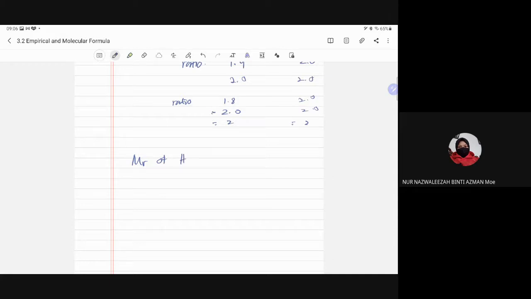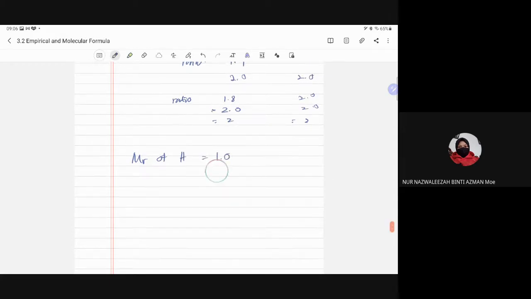Kalau kita tengok dalam table of RAM yang saya bagi kamu tu, dia 1.0. Tapi kalau kita ambil yang 2 decimal points, MR of hydrogen yang 2 decimal places, dia adalah 1.01. So you have to follow the one given to you. Alright, jelas?